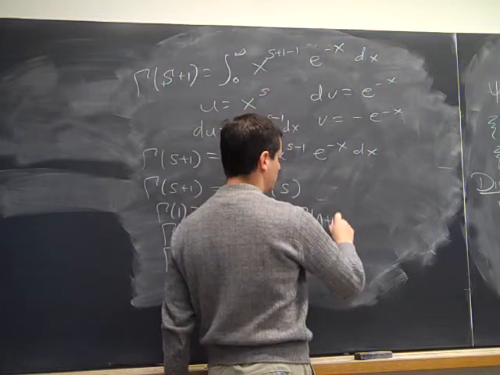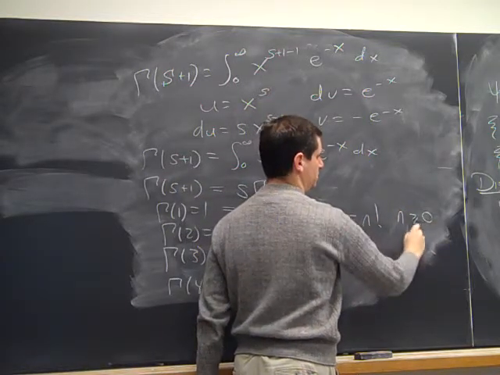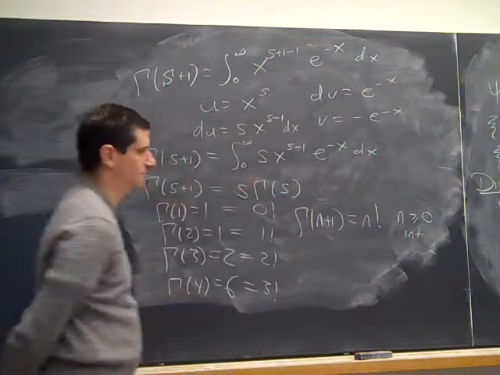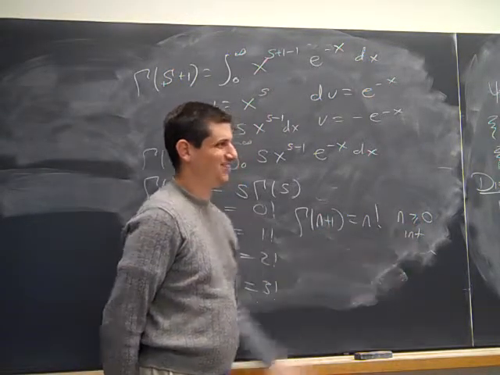Gamma of n plus 1 is n factorial, n greater than or equal to 0, and n an integer.